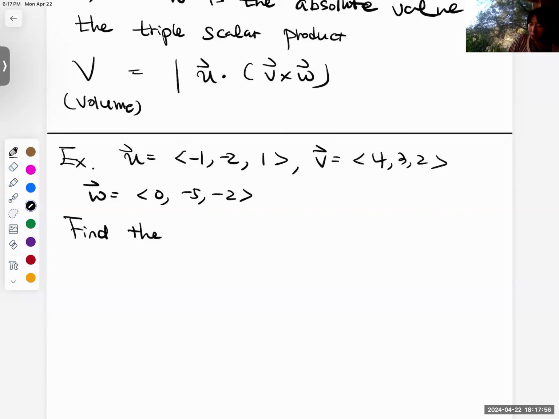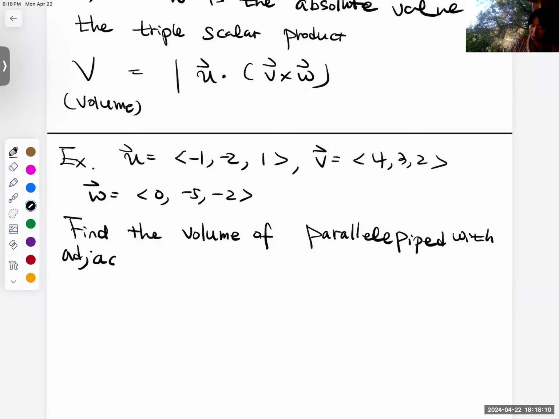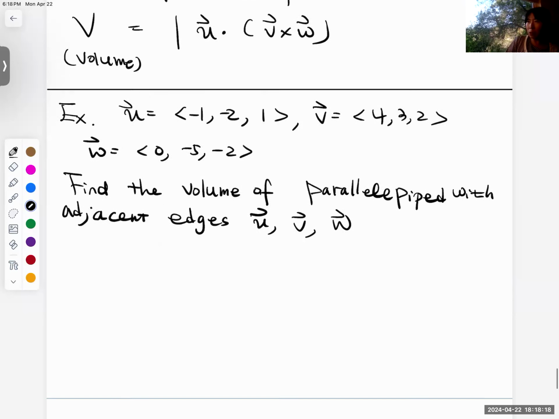Find the volume of the parallelepiped with adjacent edges U, V, W.